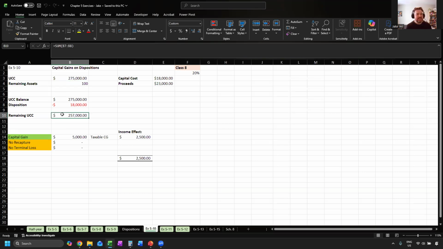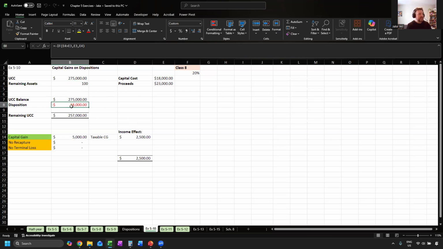Yes, there's still UCC remaining, but we would associate that remaining UCC to be applied to the other 99 assets in the bin. So there's nothing to tell us that the remaining UCC or the proceeds received for our asset are necessary for adjustment. We have 257,000 of UCC, so we're not going to worry about it, but we do have to worry for that $5,000 of proceeds above what we paid.